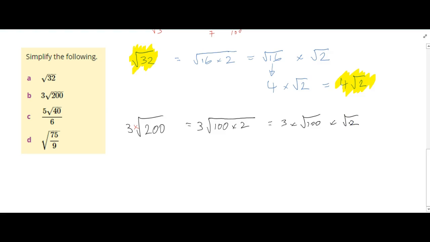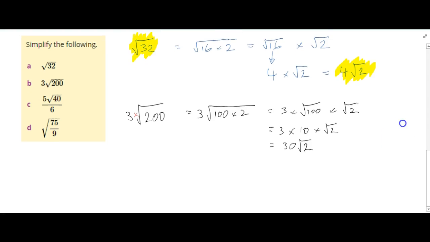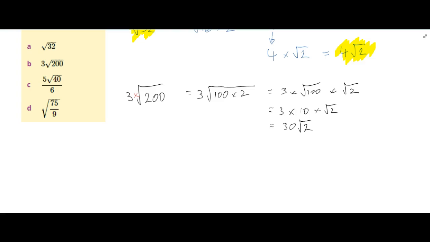I'm just splitting them up into separate surds. Hopefully you can see that 100 is a square number. So that would be 3 times 10 times the square root of 2. We simplify it again, we get 30 root 2. So that's 3 root 200 in simplified form. You cannot simplify that any further. Root 2 does not simplify.